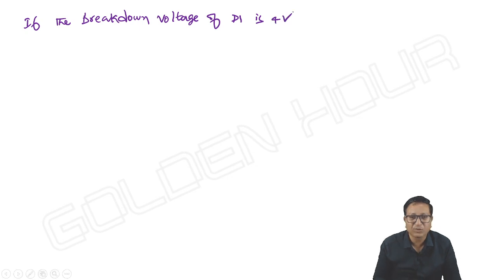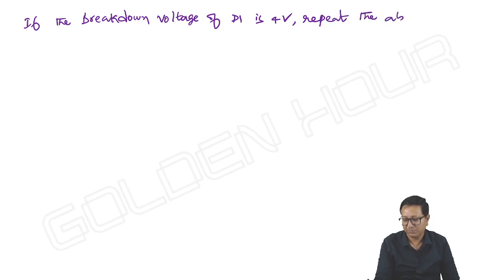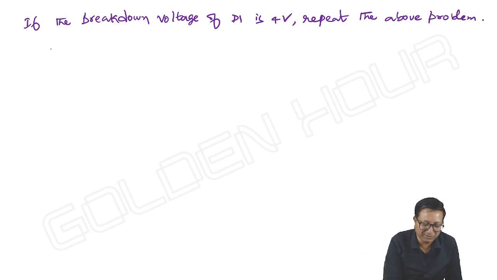Just suppose the breakdown voltage of diode D1 is 4 volts. Then repeat the above problem. What is possible?